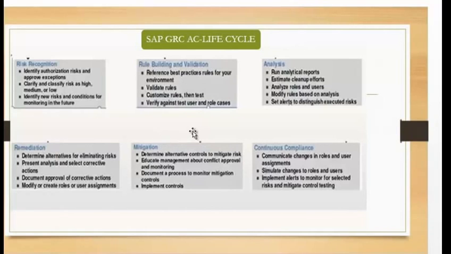The rules will be validated, the rules will be customized, and finally it will be tested. So verification against the test user and role cases will also be done in the rule building phase.